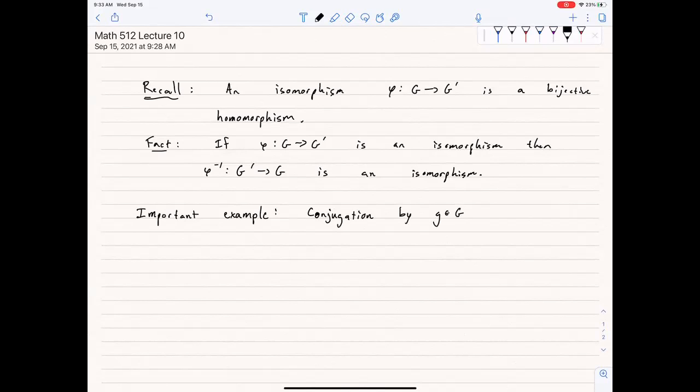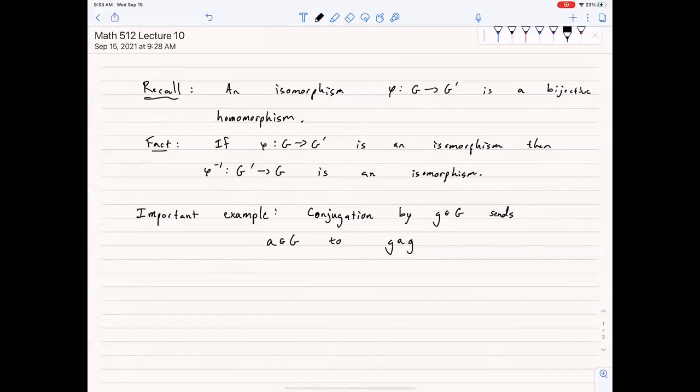We have all these kinds of words. Automorphism just means isomorphism from a group to itself. So it's a function from a group to itself. And what does it do? This sends an element a to g a g inverse.